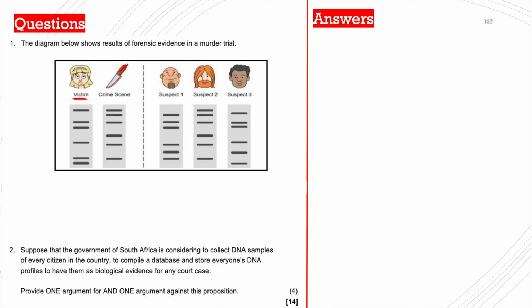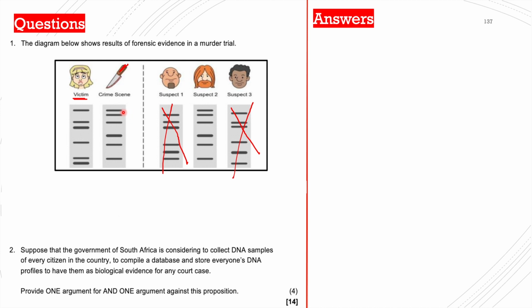So automatically, if we don't find a match with the first bar, we rule off suspect 1 and we rule off suspect 3. They are most definitely not the murderers. Okay? Because one of their black bars does not match. Okay? But do not just rule them off based on one bar, guys. Rule them off based on all of the bars.